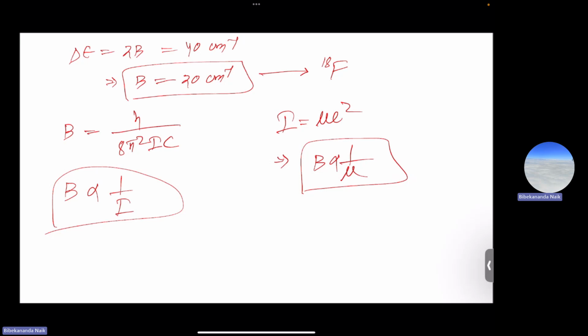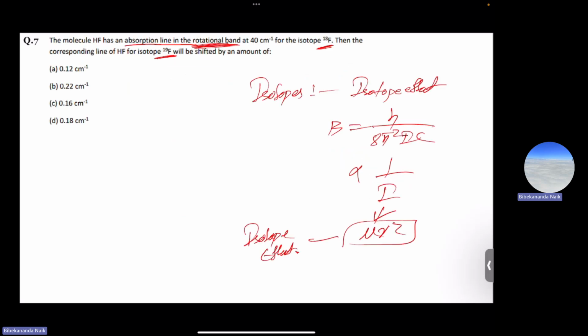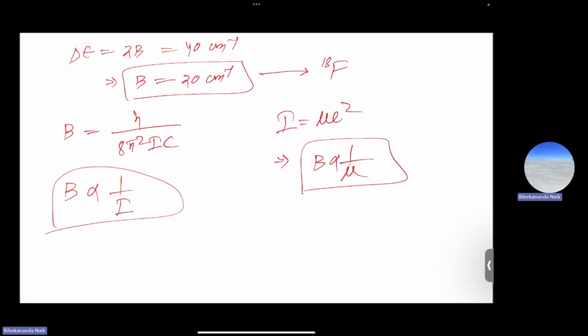So if we want to find the same line corresponding to F19, we need to find the value of mu for F19.